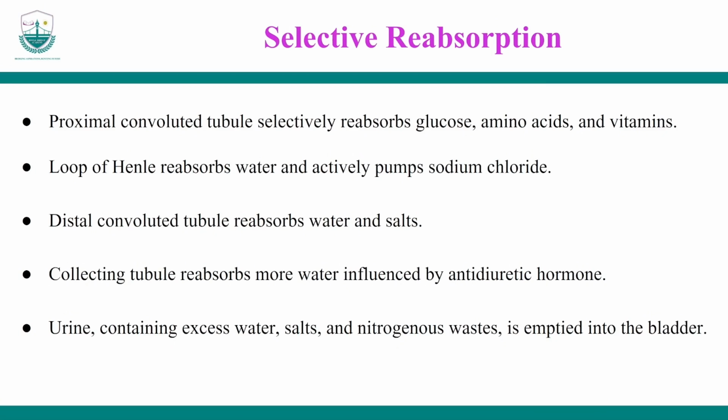So this is basically what happens. In the proximal convoluted tubule, you have the absorption of the most important molecules: glucose, amino acids, vitamins, and also ions to some extent. The loop of Henle focuses on reabsorption of water and also ions. In this case, we are talking about actively pumping sodium chloride, which does not go with the filtrate to form the urine.